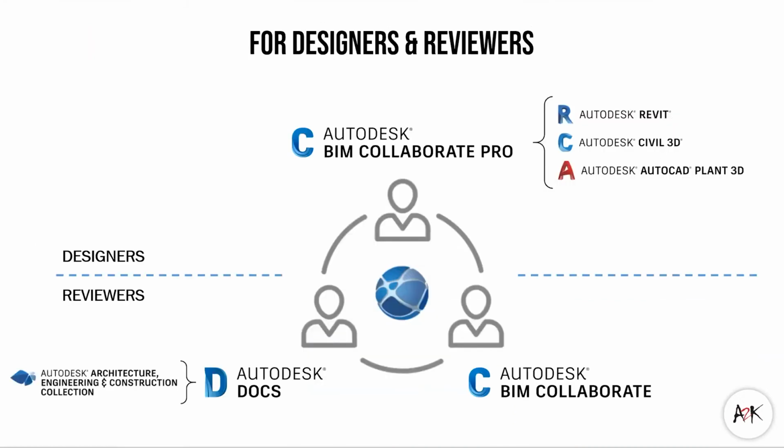If we look at it in a slightly different way, we can see here that we've got a blue line with designers on the top side and reviewers on the lower side. We can see for the designers, that is the design authoring team, they will typically use a BIM Collaborate Pro license because as we just saw, it connects into the design authoring products of Revit, Civil 3D, and Plant 3D.